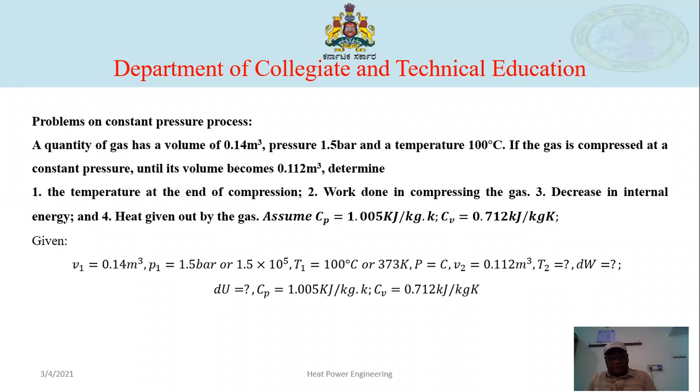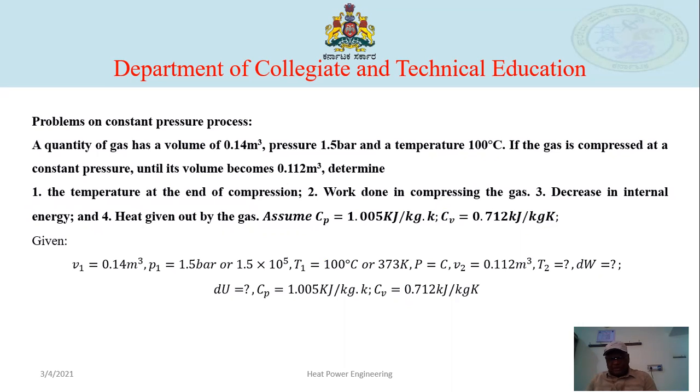Find the temperature at the end of the compression. Number two, work done in the compression of the gas. Third one, change in internal energy, and heat given out by the gas.